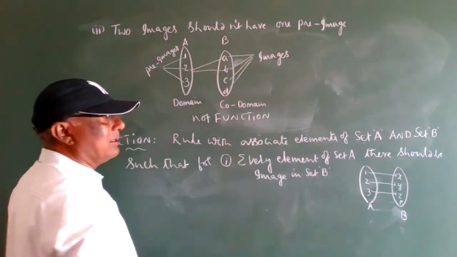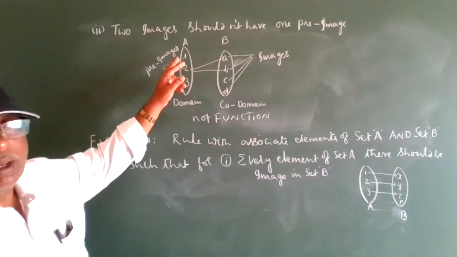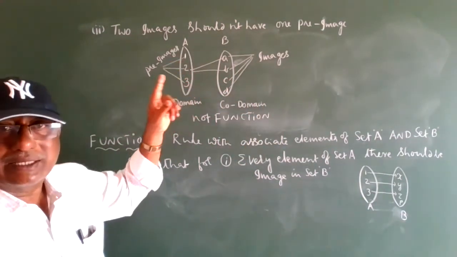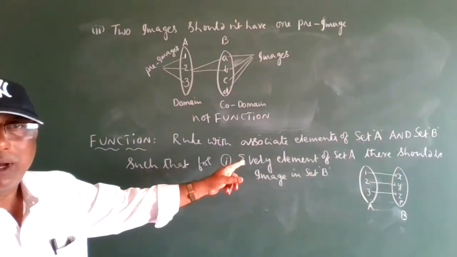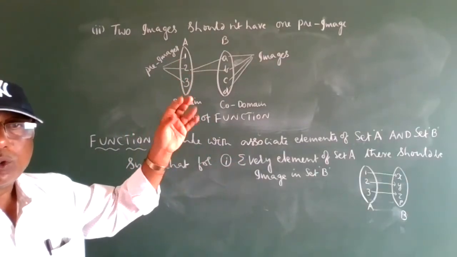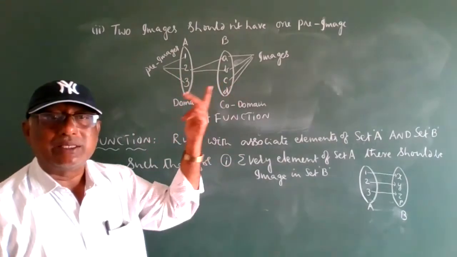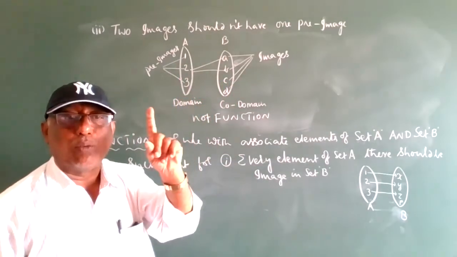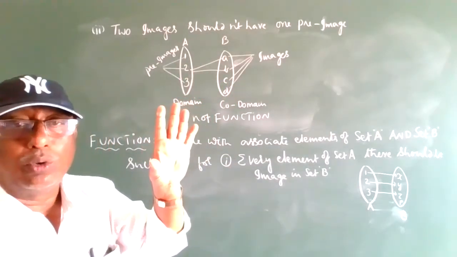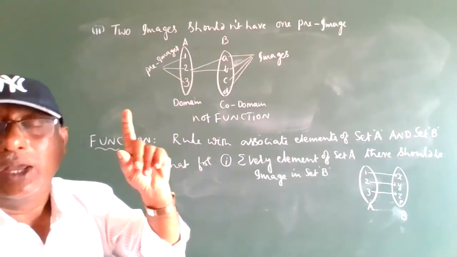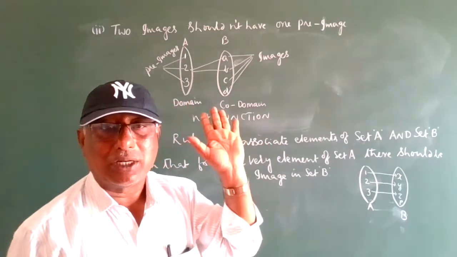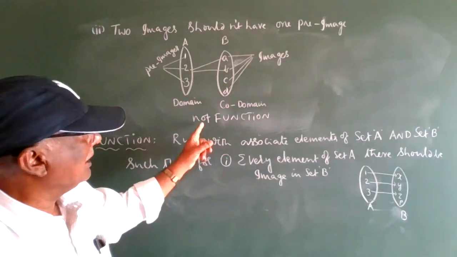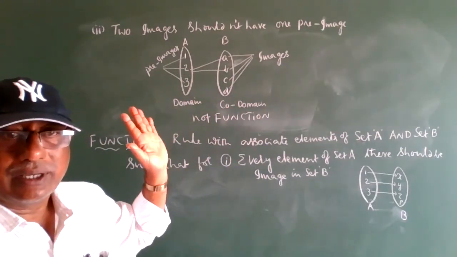So first, every element of the A set has an image in the B set: rule number 1. And rule number 2: two images should not have one pre-image. That point should be remembered, otherwise it is immediately not a function.